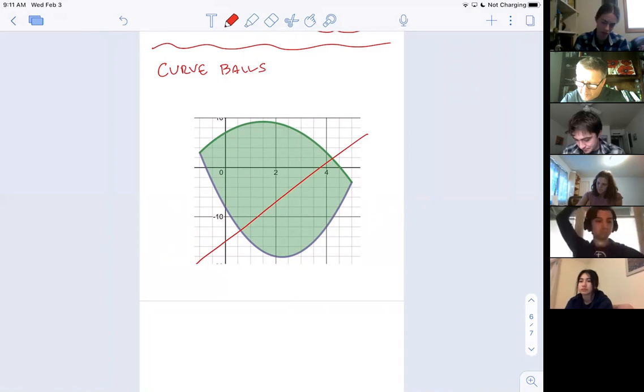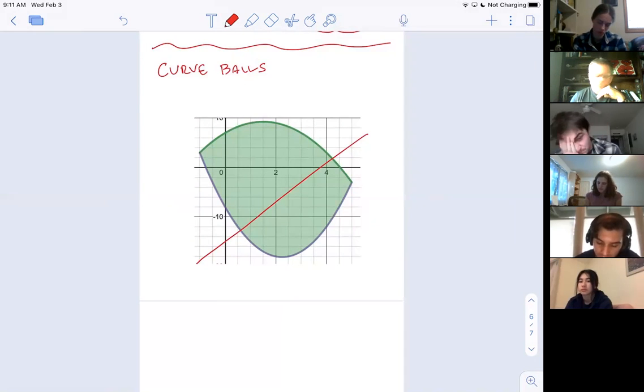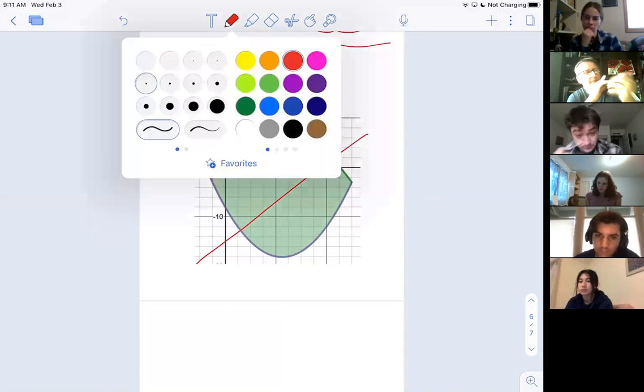What if I gave you 3 equations? I want to know the area above that line, above the red line, below the green parabola, above the purple parabola. I shaded that, but it's going to take a second to show up apparently.